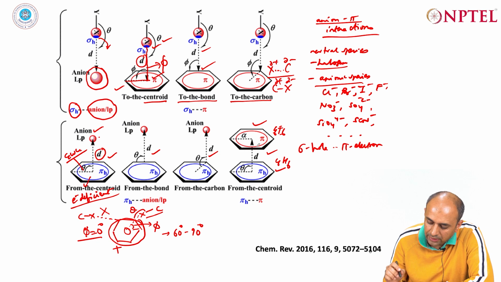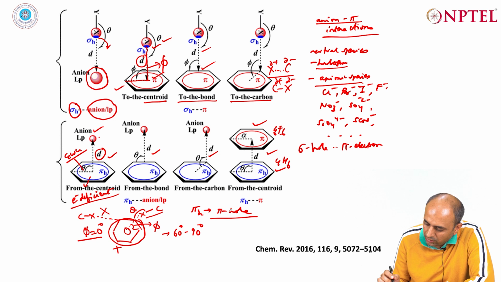So, here we can see now very clearly that the pi region, which is also referred to as, now pi H refers to the electrostatically deficient pi region, which we call the pi hole. So, the pi hole will now interact favorably with an anion or the lone pairs present.